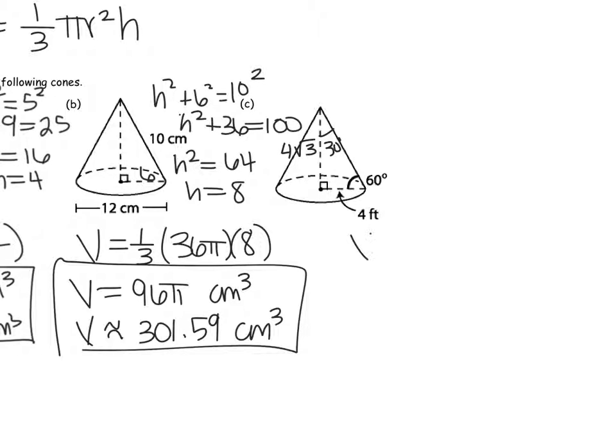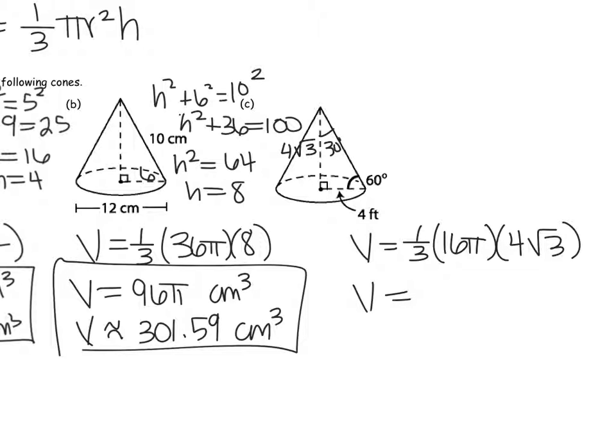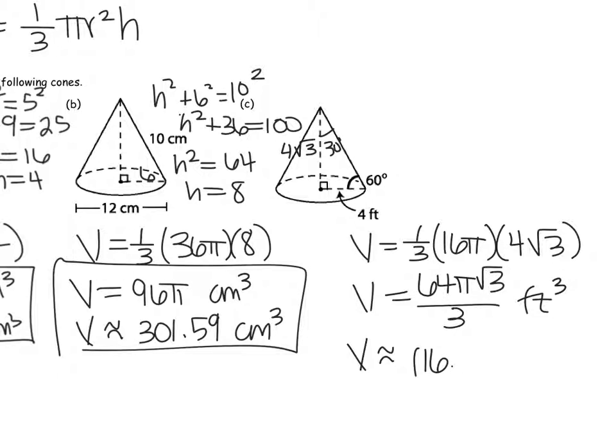So we get that the volume equals 1/3 times our area of our base, which was 16 pi, times 4 square root 3. So that gives us an exact volume of 64 pi square root 3 all over 3 feet cubed, which as a decimal is about 116.08 feet cubed.